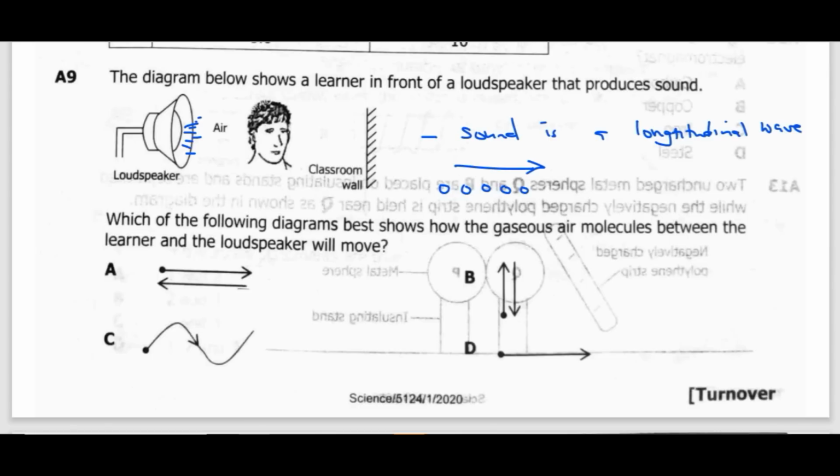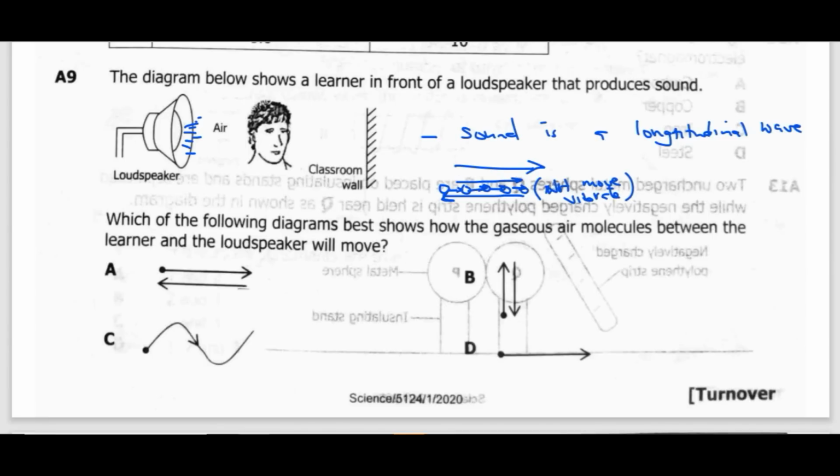So meaning that the particles will do what? Will be vibrating. As the particles are vibrating, there will be collision between the particles. So once they collide going this direction, also they will move back to this direction, because particles will not move, but they will just what? Vibrate. So they will just vibrate.